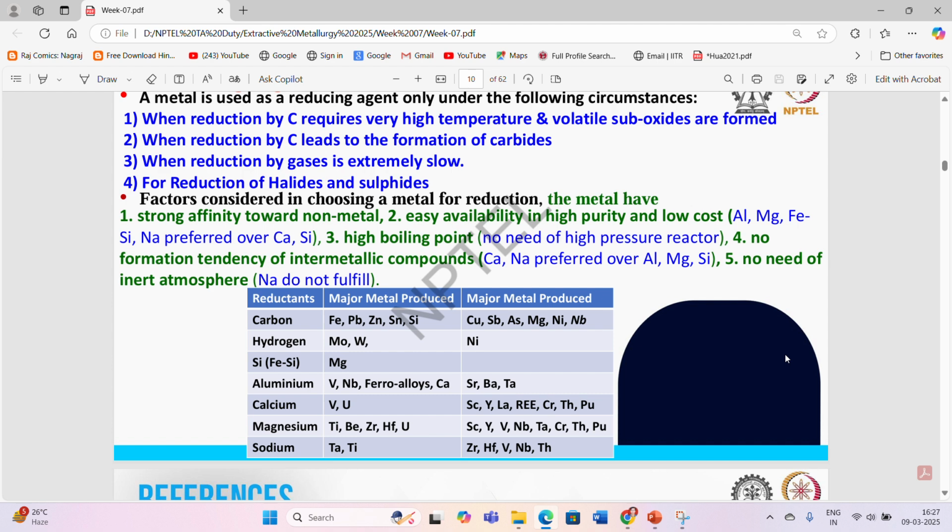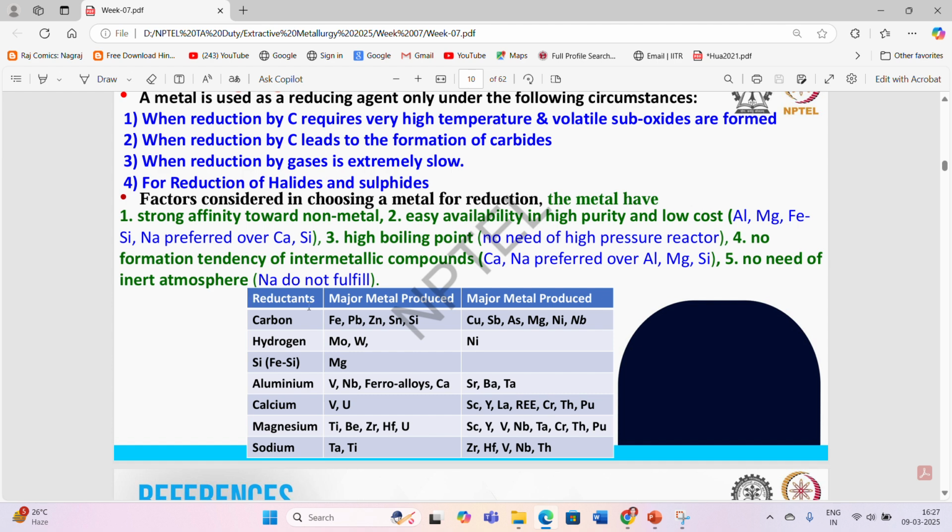And there should be no need of inert atmosphere. Na does not fulfill that criterion. So we generally don't use sodium as a metallothermic reducing agent because it needs some inert atmosphere during the processing itself.